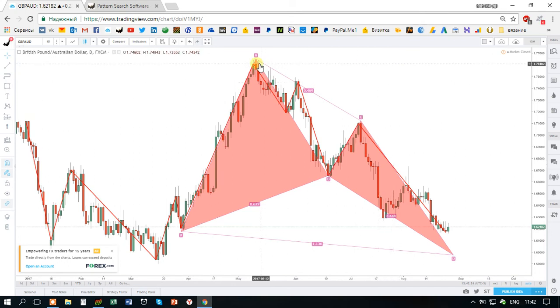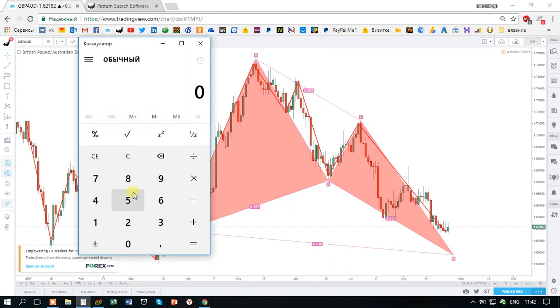Because with harmonic analysis, it is said that the B point should be closer to this or that level. Okay, let's calculate what level it is closer to. 702. It is somewhere in the middle between 61A and 786, and depending on which level it is closer to, we have either a Gartley pattern or a butterfly pattern.